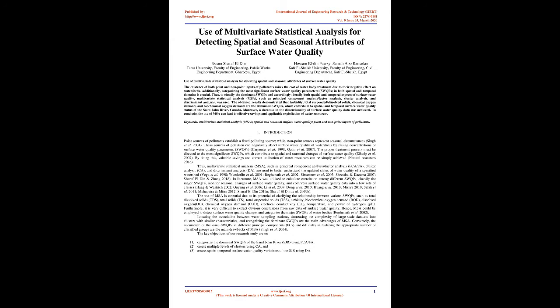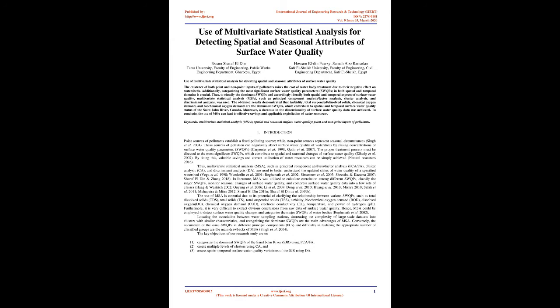1. Introduction. Point sources of pollutants establish a fixed polluting source, while non-point sources represent seasonal circumstances, Singh et al. 2004. These sources of pollution can negatively affect surface water quality of watersheds by raising concentrations of surface water quality parameters, SWQPs, Carpenter et al. 1998, Cottier et al. 2007.